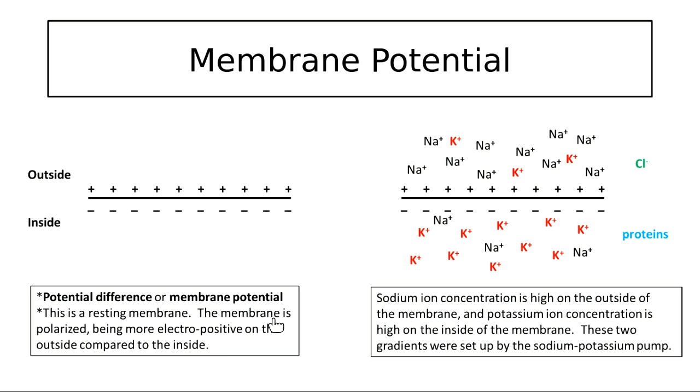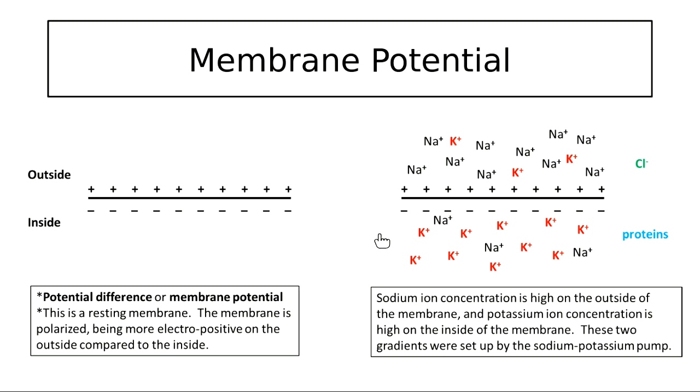The membrane is polarized, being more electropositive on the outside compared to the inside. So this is a resting membrane here. It's more electropositive on the outside than it is on the inside, and so it's polarized. By being more positive on the outside, the inside is negative. If you look over here on the right, you can see kind of why.